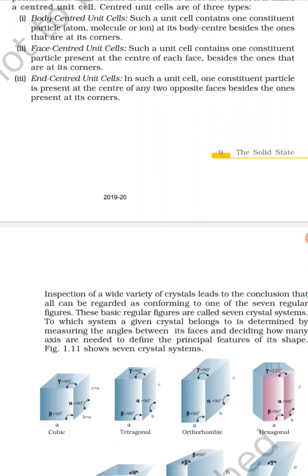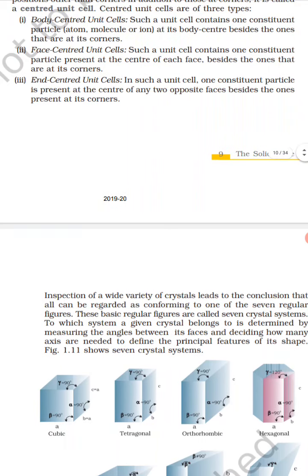The second type is FCC, or face centered cell. Such a unit cell contains one constituent particle present at the center of each face, beside the ones that are at its corners.